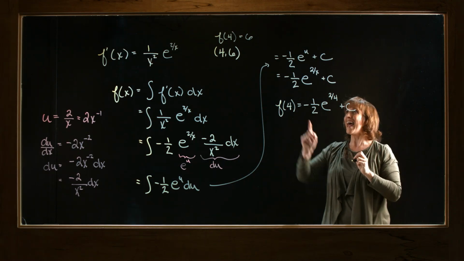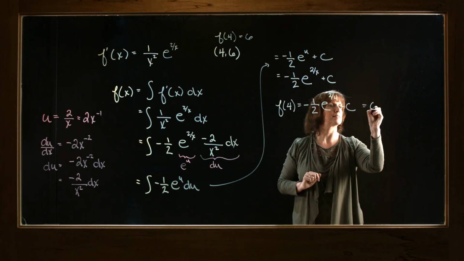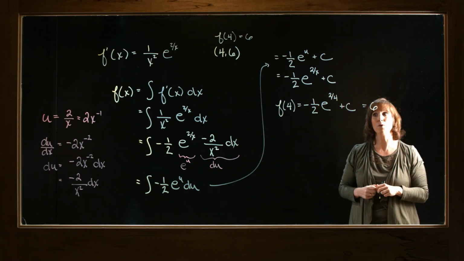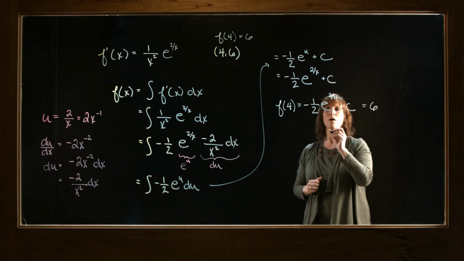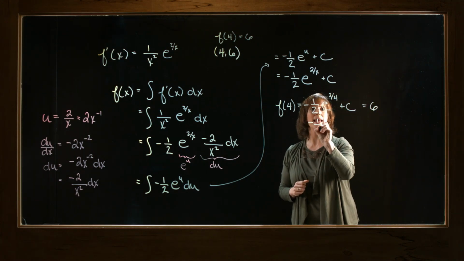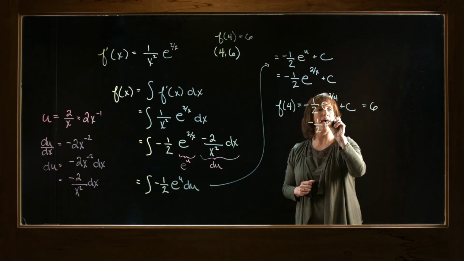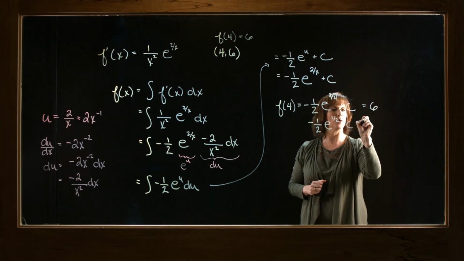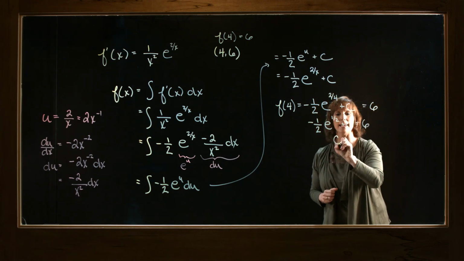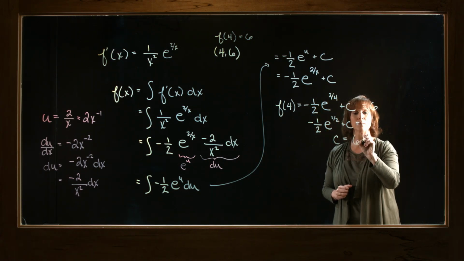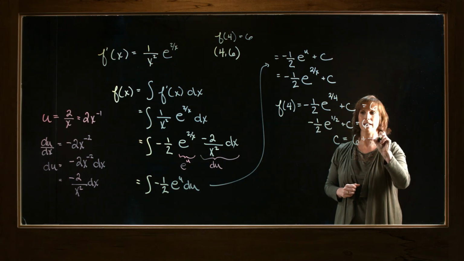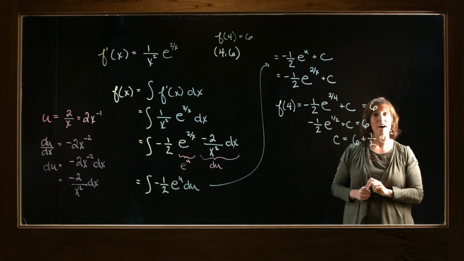And that has to equal 6. Now I'm going to solve for c. Well, I'm going to have a minus 1/2 e to the 1/2 power plus c equals 6. And c is going to equal 6 plus 1/2 e to the 1/2 power.